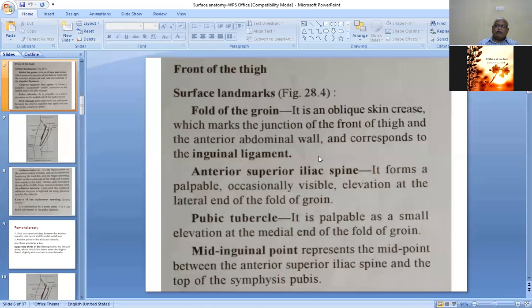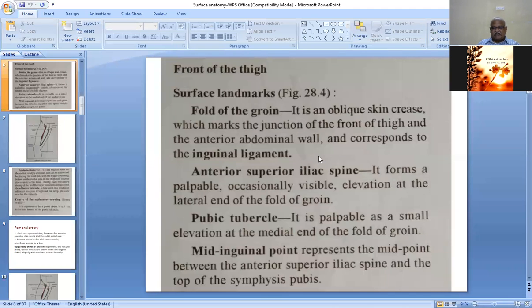So, the mid-inguinal point and the midpoint of the inguinal ligament are entirely different. There is a little difference between them. The inguinal region means the junction between the upper part of the anterior aspect of the thigh and the lower part of the anterior abdominal wall, that is the inguinal region or fold of groin.